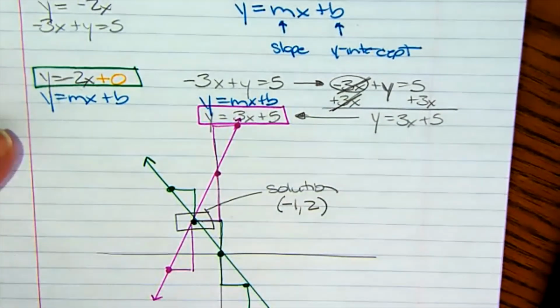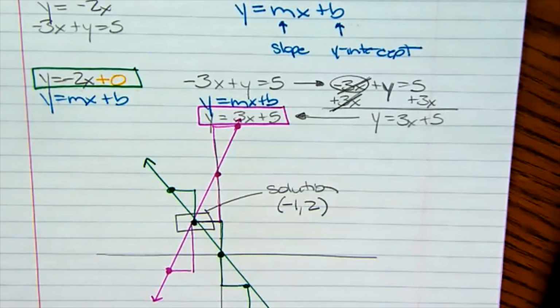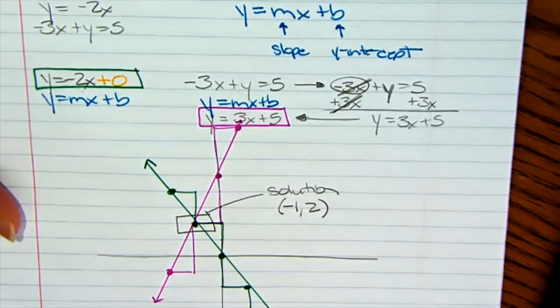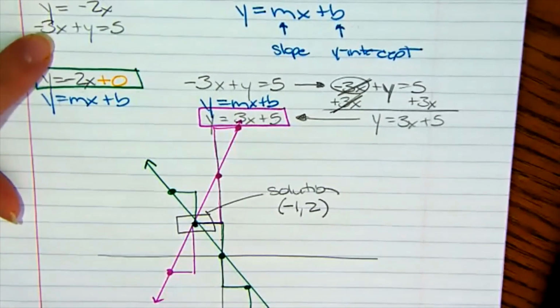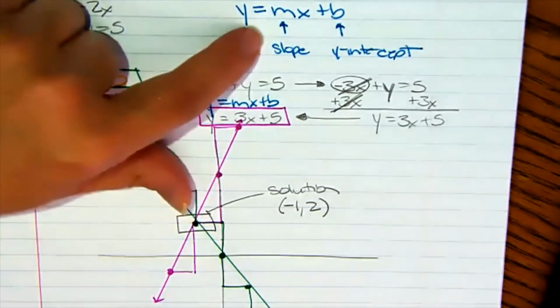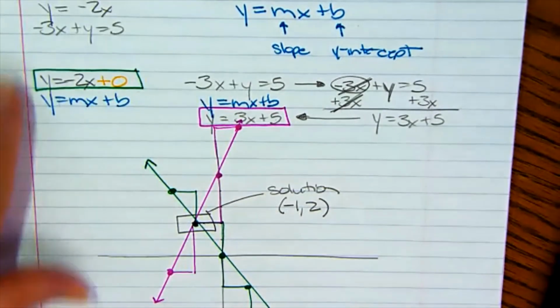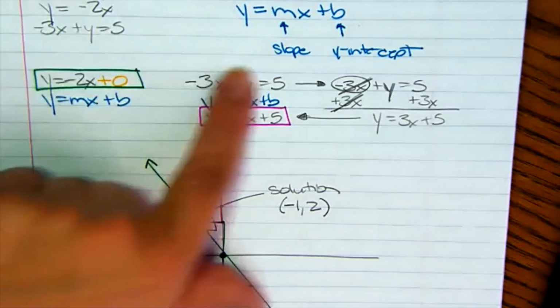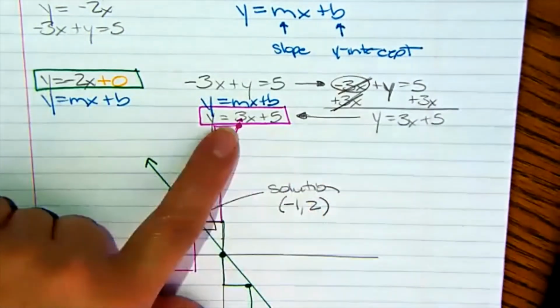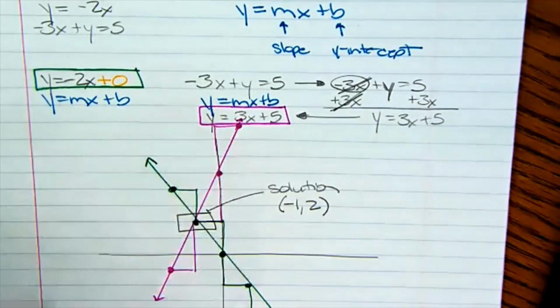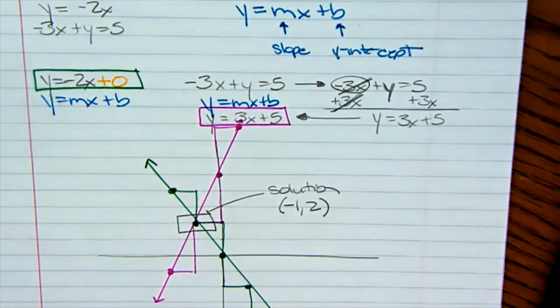So this is what we're doing today. They're going to give us a system of equations. Remember, a system is more than one. We need to make sure that each equation is in slope-intercept form. If one of the equations is not, we're going to have to rework it so that it is in slope-intercept form.